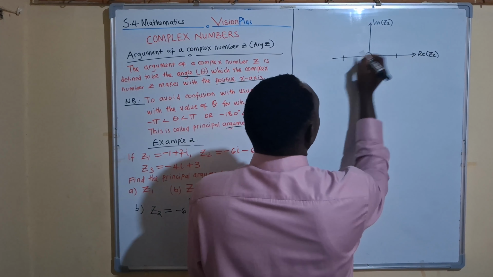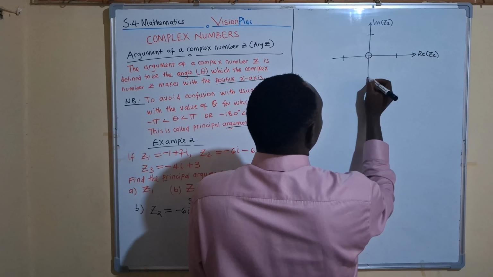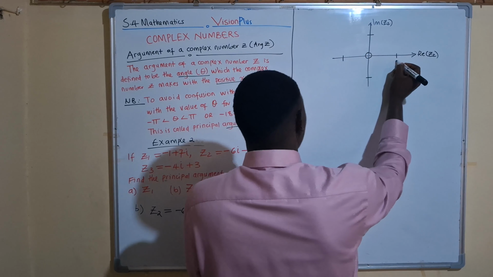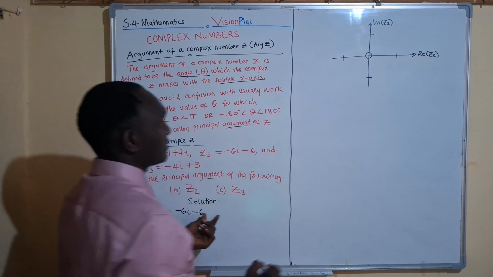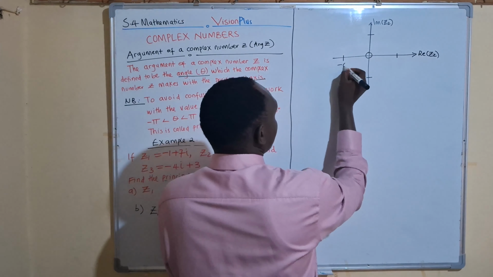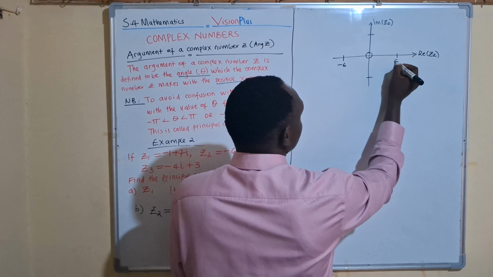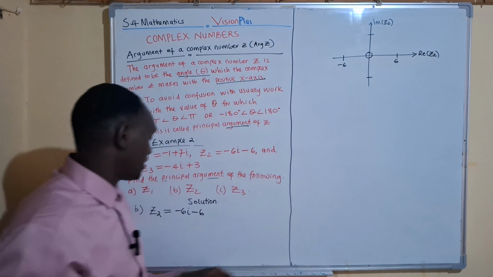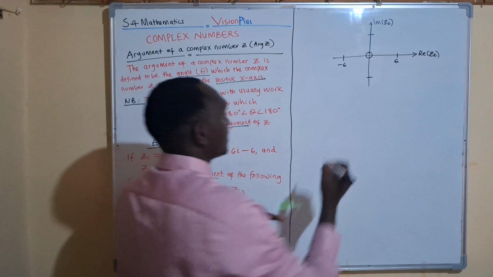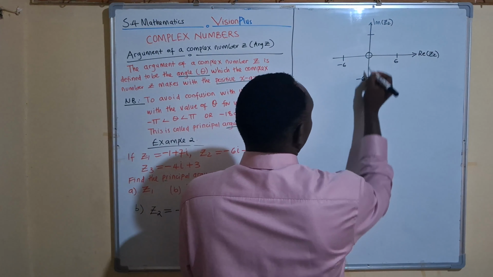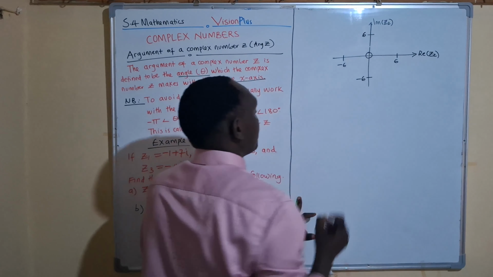For the real part, negative 6 is here, and the corresponding positive 6 is there. Then for the imaginary axis, also negative 6 is here, and the corresponding positive 6 is there.